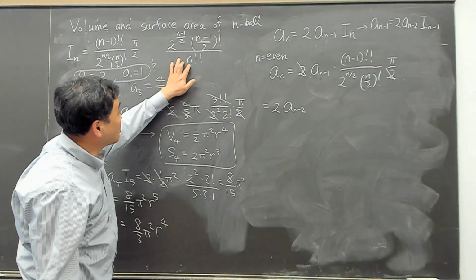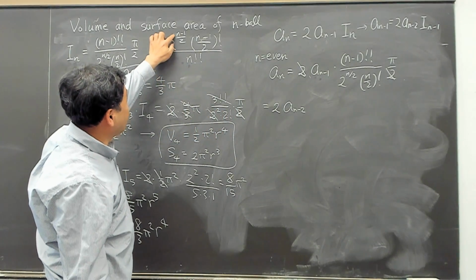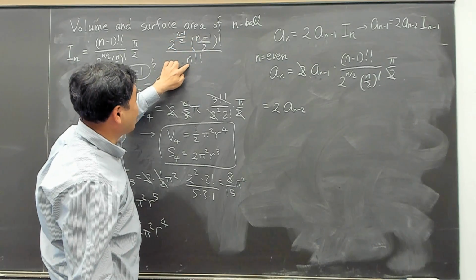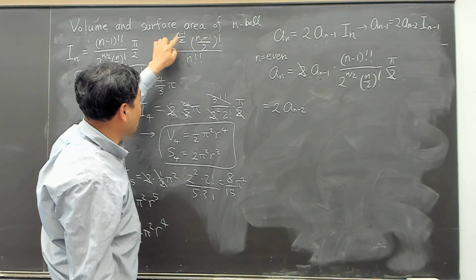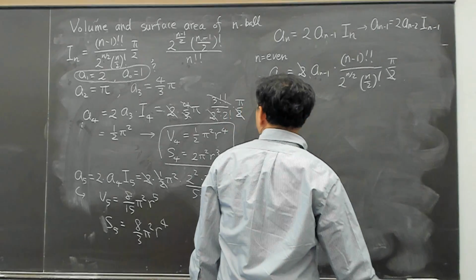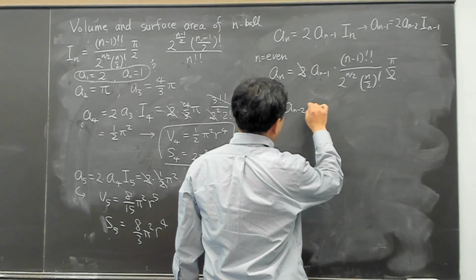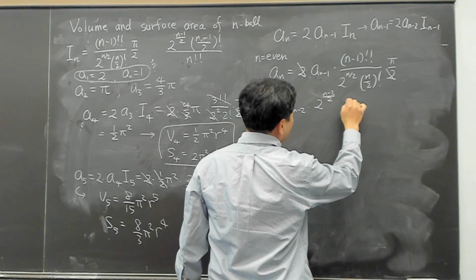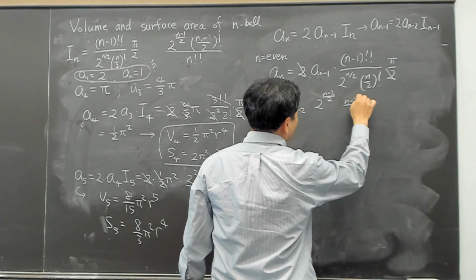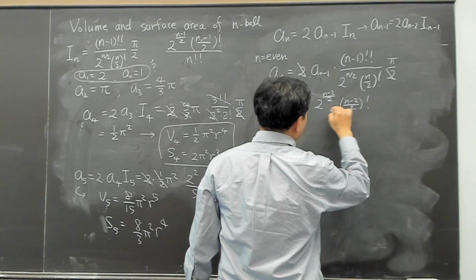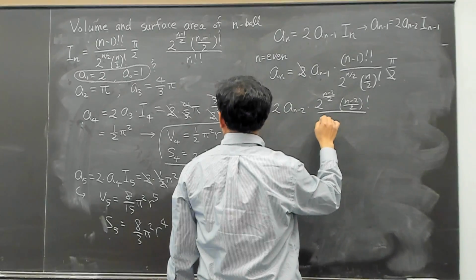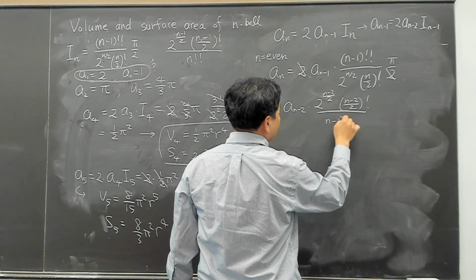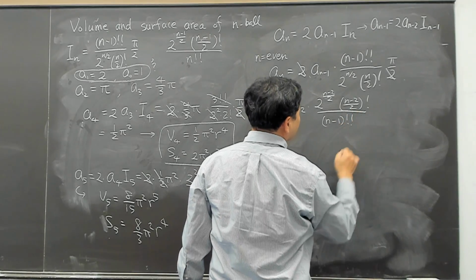But this is the formula for n, so all the n I have to replace by n-1. So this is going to be 2 to the n-2 over 2, n-2 over 2 factorial, over (n-1) double factorial.